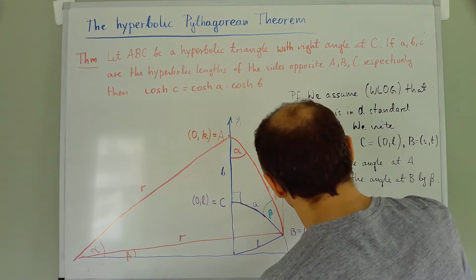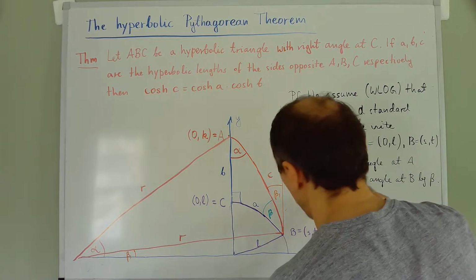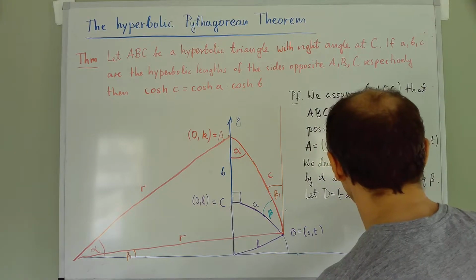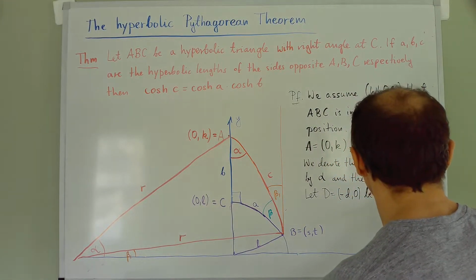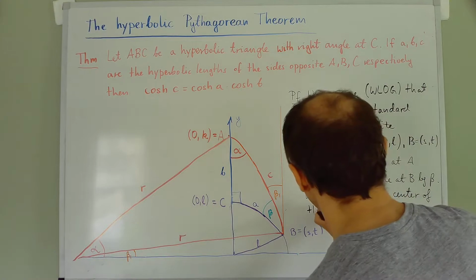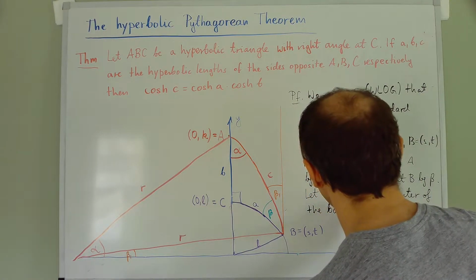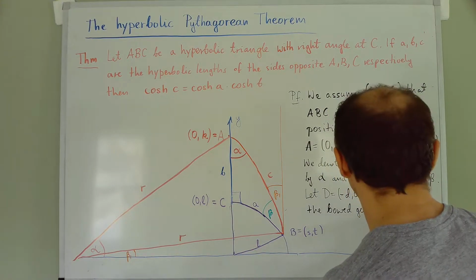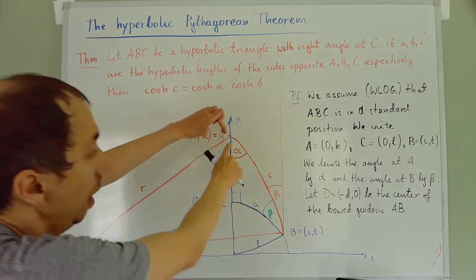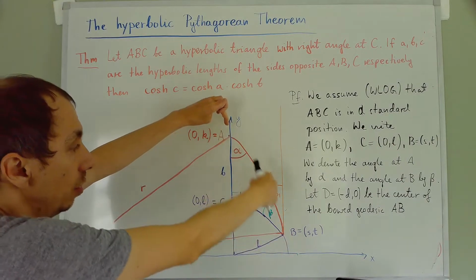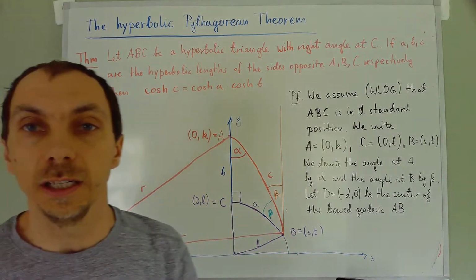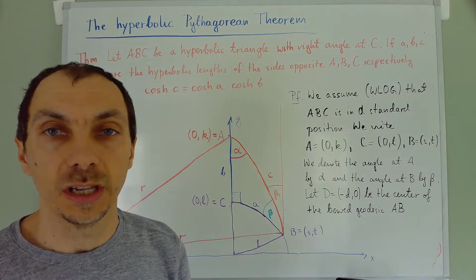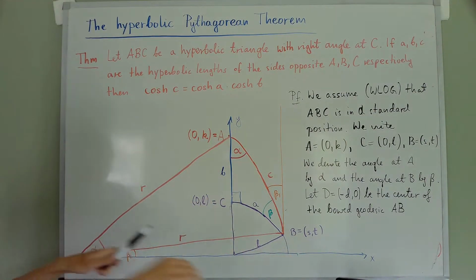Let D, equal to (negative d, 0), be the center of the bowed geodesic AB. This is a hyperbolic side of that triangle. Because A and B are not vertically aligned, this side is part of a circle whose center is somewhere on the x-axis right here.